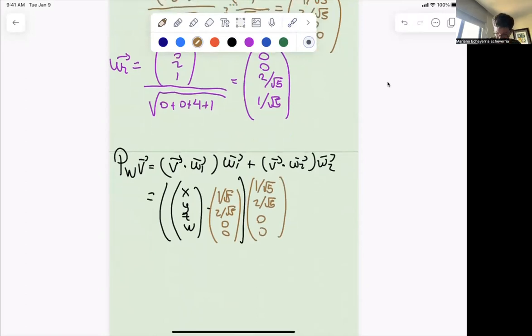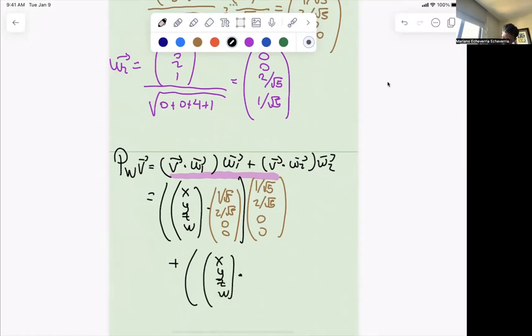That's the first summand, and the second summand is the same but with W2, a dot product between (x, y, z, w) and W2.